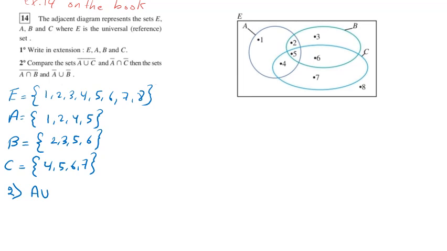First, (A union C) bar and A bar intersection C bar. They should be equal, as the rule we explained in the last period.